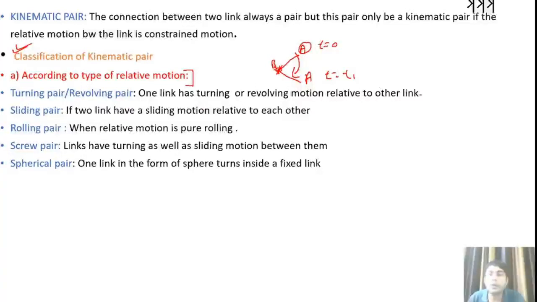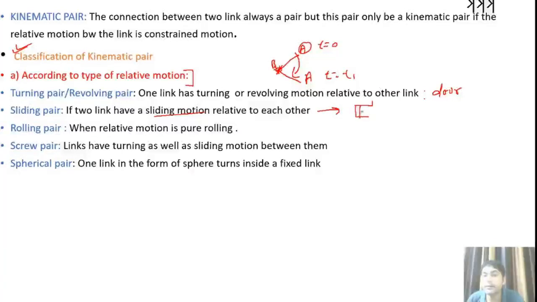For example, in a conventional door, what do you do? Doors are hinged. Now, sliding pair. If two links have a sliding motion relative to each other, if one link slides with respect to another link, then that type of pair is known as sliding pair.